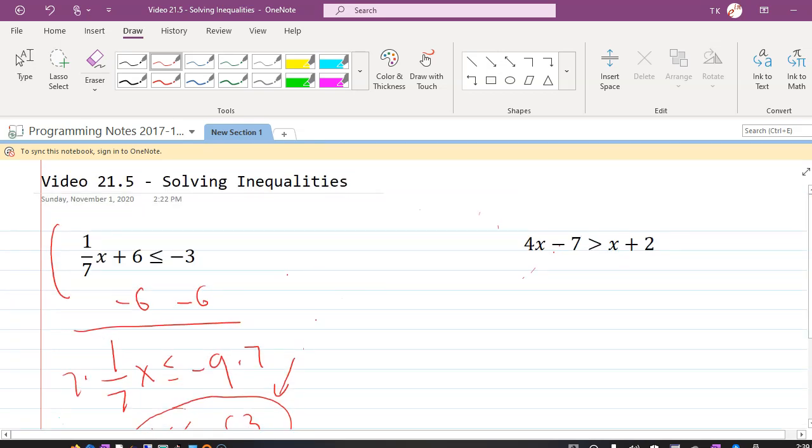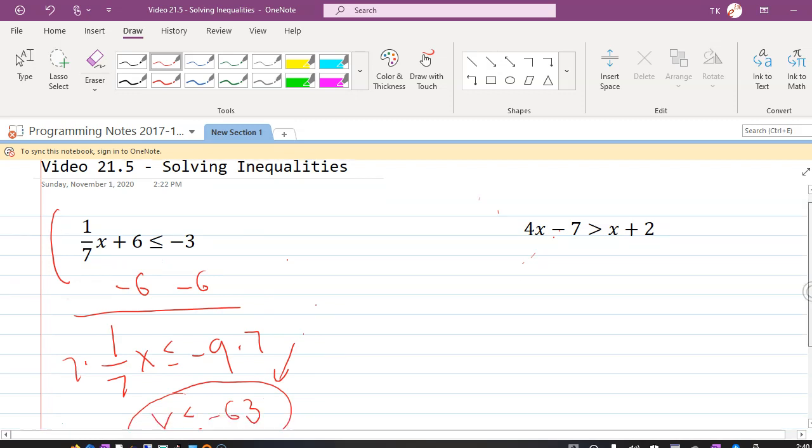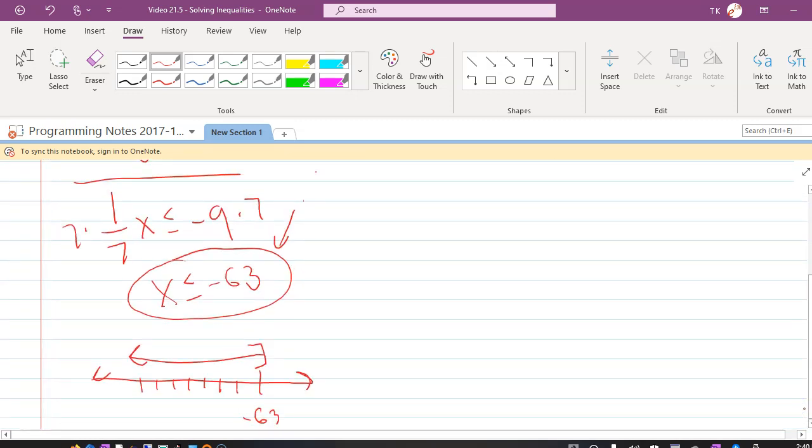So that's kind of the first difference. It's less procedural and more conceptual. Conceptually, you're not looking for the one single x that works in the inequality. You're looking to describe what those x's are like, and in this case they are less than or equal to -63.